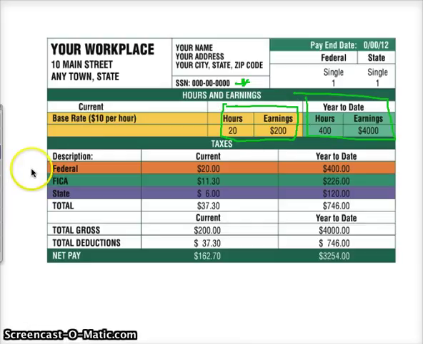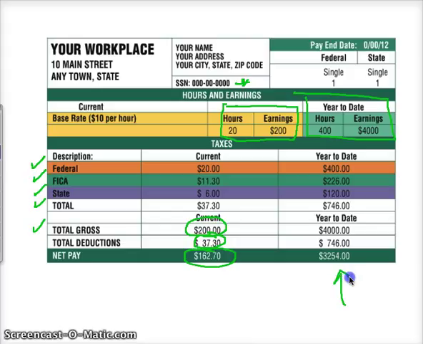And then here we have your deductions. These are deductions from your paycheck. So you have your gross, and then you have the federal tax, the FICA we just talked about, state tax. And then this would represent the total amount of deductions. So for your paycheck, it was what, $200. This was a deduction. So this is what you're taking home, or your net pay.